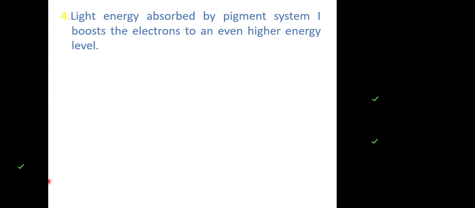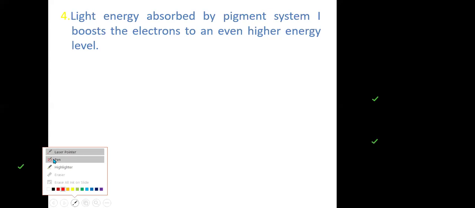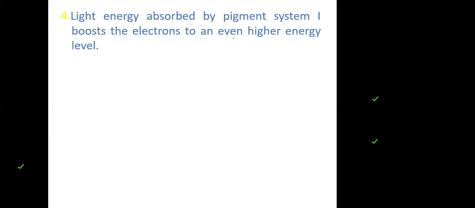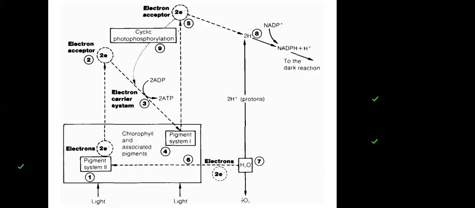I wanted to draw this to your attention. And then what happens, so you see that here, this is at a higher energy level compared to here. Here is a lower energy level than here.